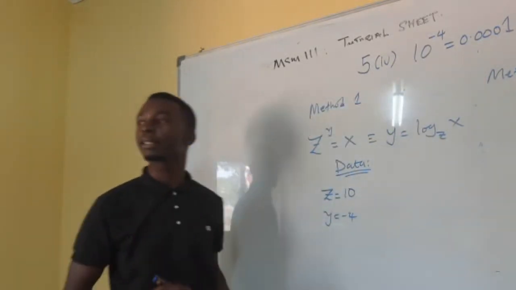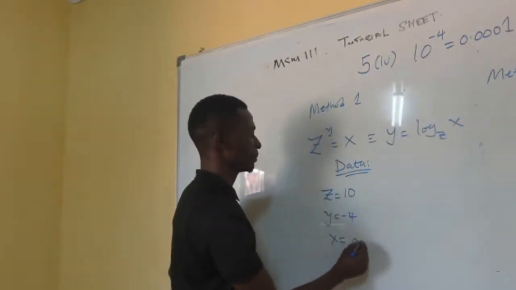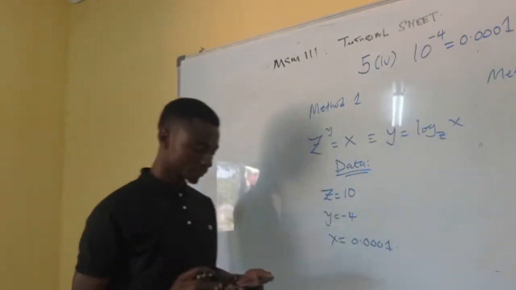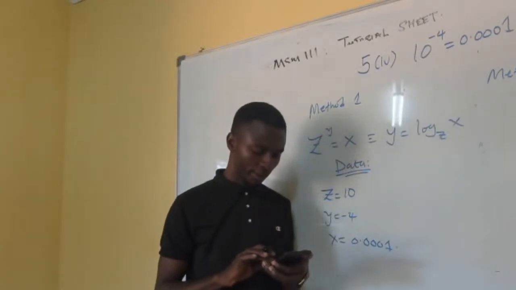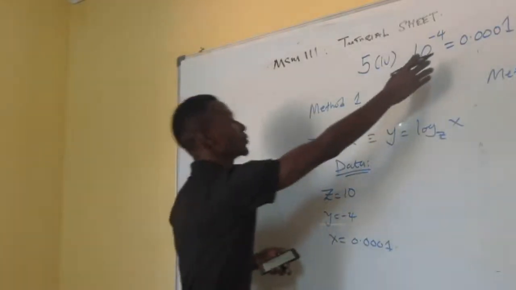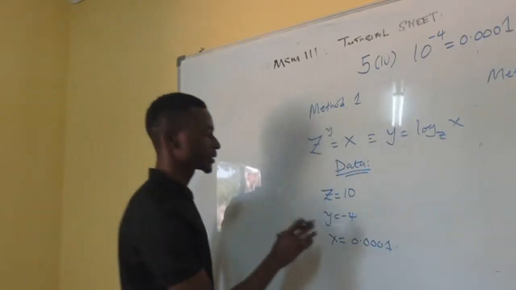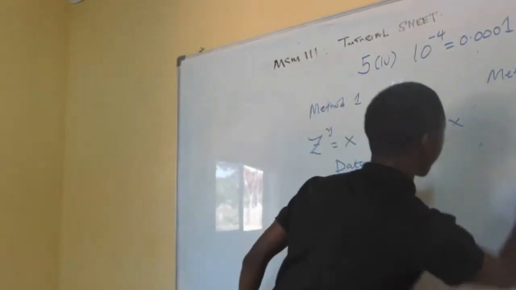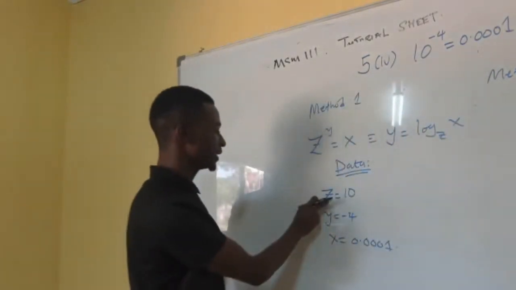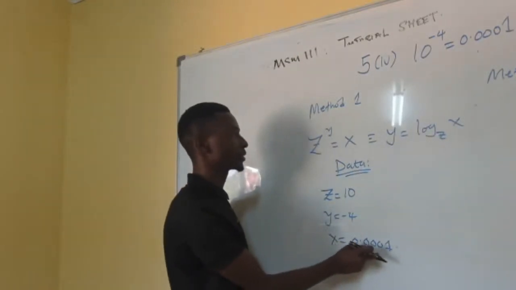And our x there is 0.0001. Now what's our aim? To write that one in logarithmic form. So z is equal to 10, y is equal to negative 4, x is equal to 0.0001.